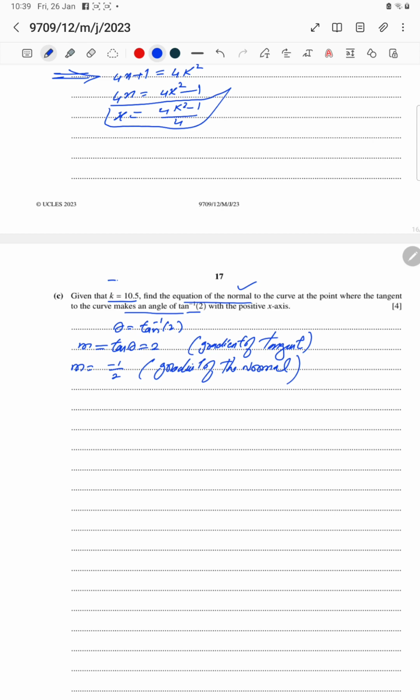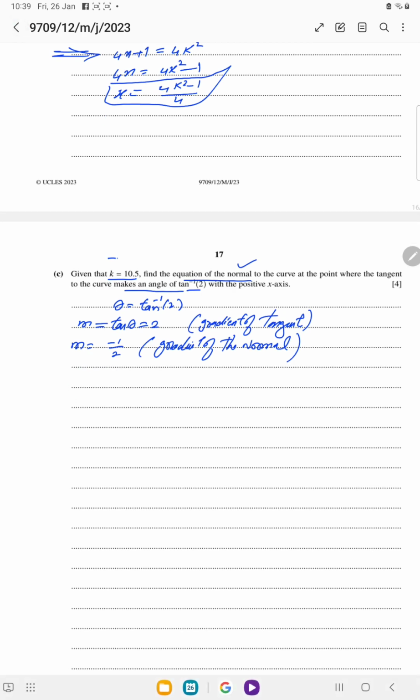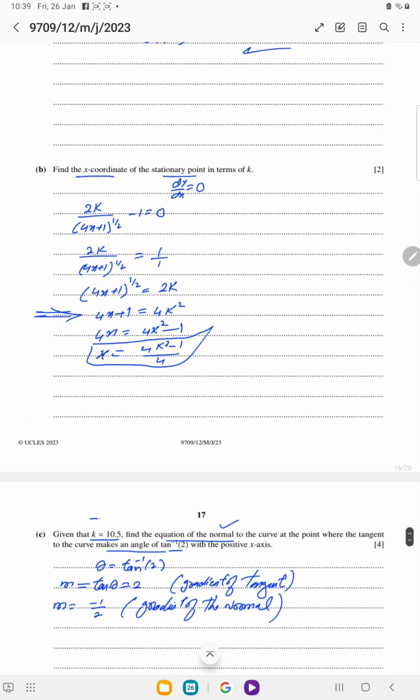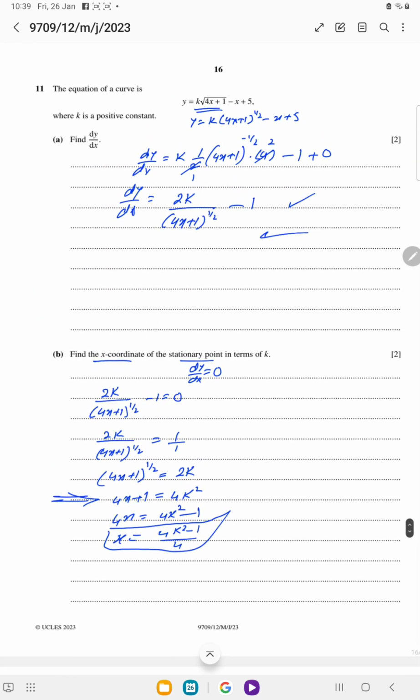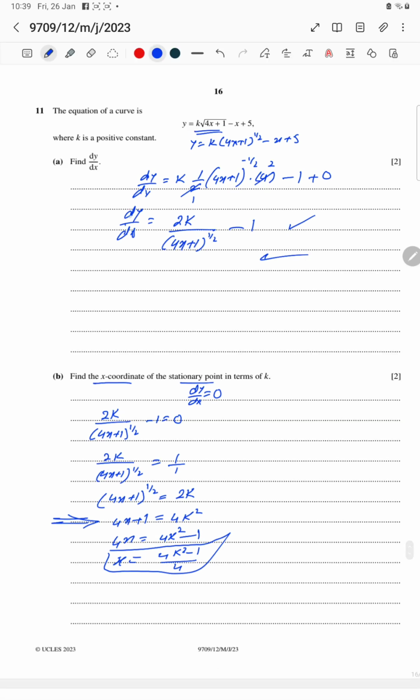So one gradient is the negative reciprocal of the other. So from the first case, it is minus 1 by 2. And from here, dy by dx is also representing the gradient at a point.